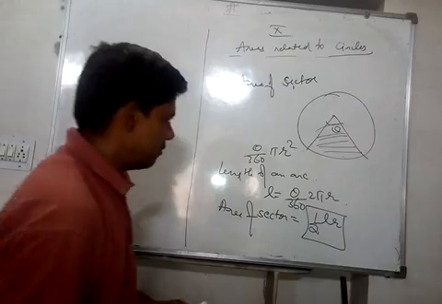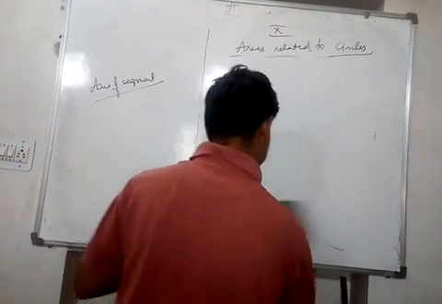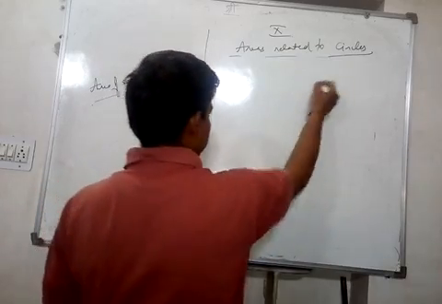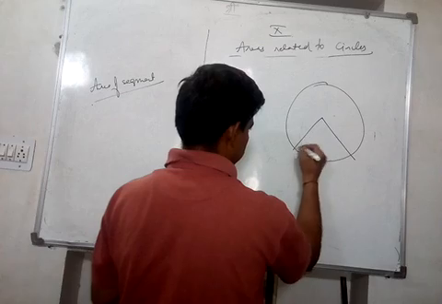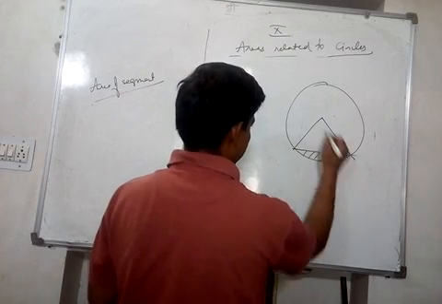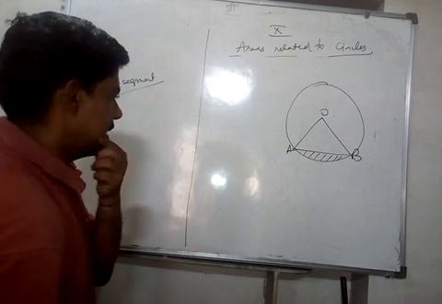So right now we'll consider one more formula, how to find the area of segment. So suppose we have a circle here, and these are the radius. This is segment OAB. So this is the segment, and what is the area of segment?